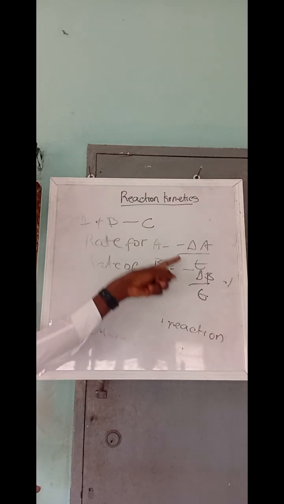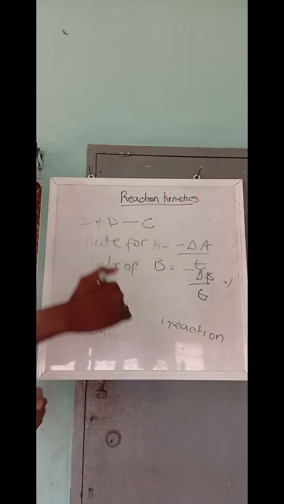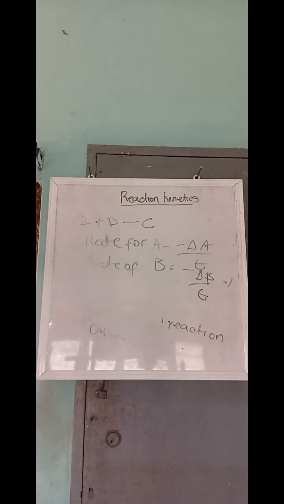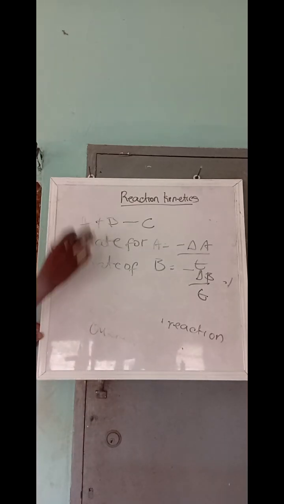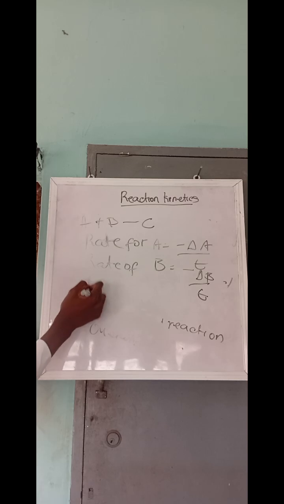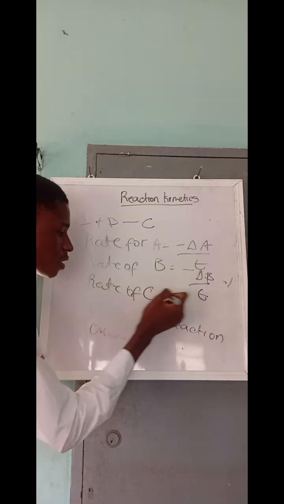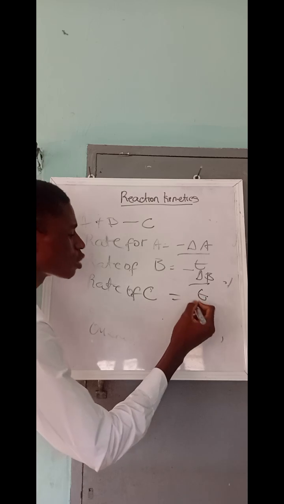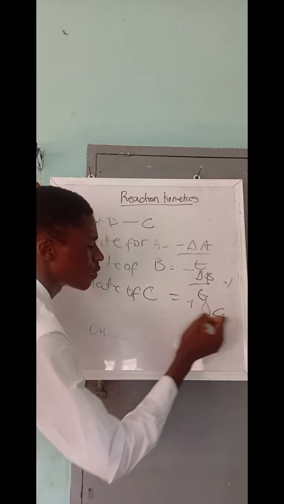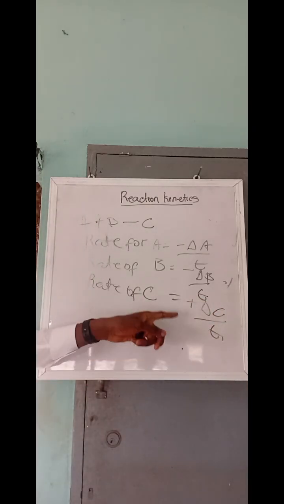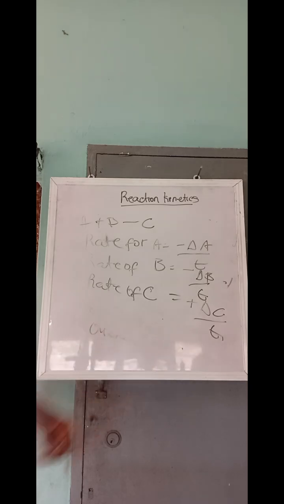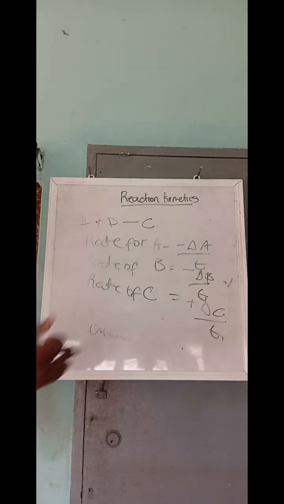This negative sign is showing that both my A and B are decreasing because they are reactants. So if I want to write the rate of chemical reaction of C, the rate of C will be equal to plus change in concentration of C over time. This one is plus because it is my product, and it's increasing.